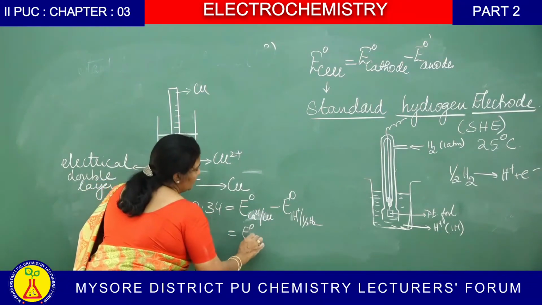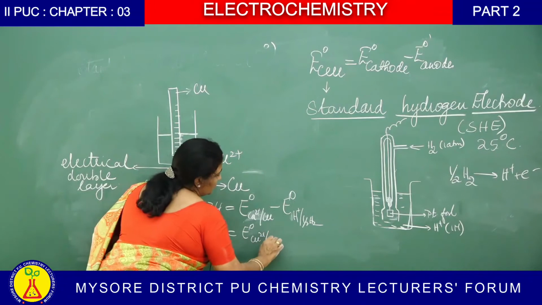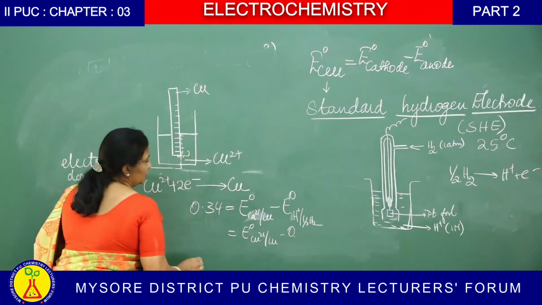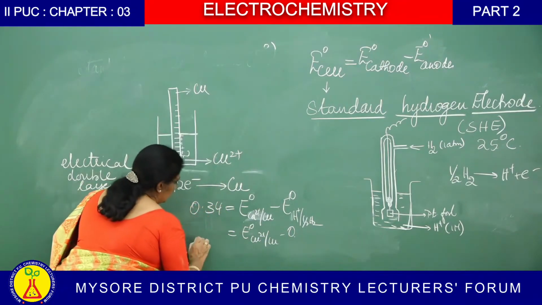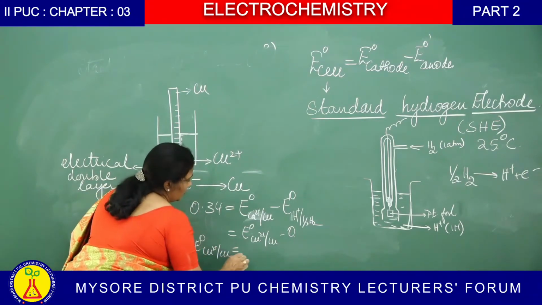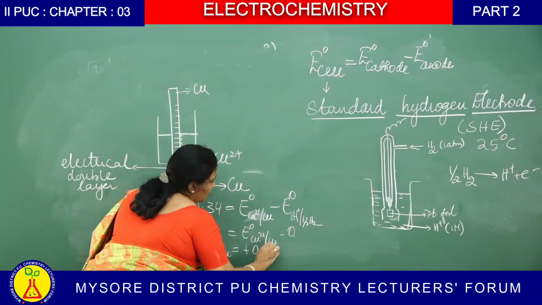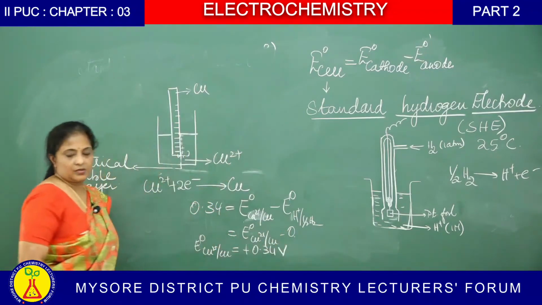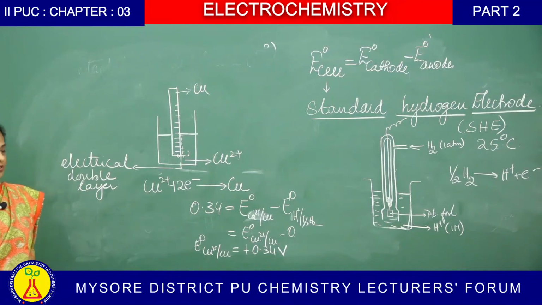So E naught of Cu2+/Cu minus 0, or E naught of Cu2+/Cu, is going to be equal to plus 0.34 volts. So, this is how you can determine the EMF of different electrodes.